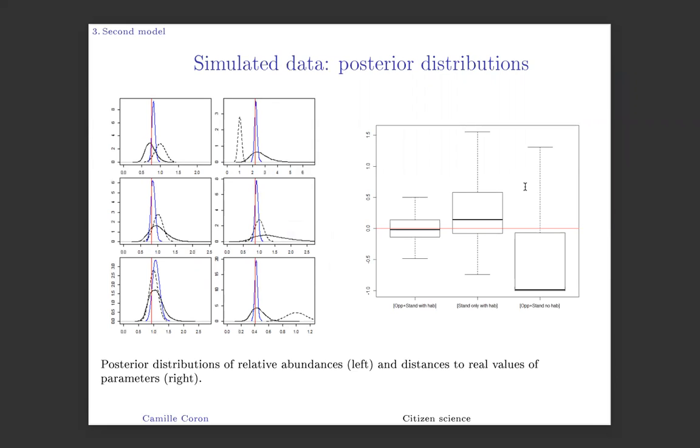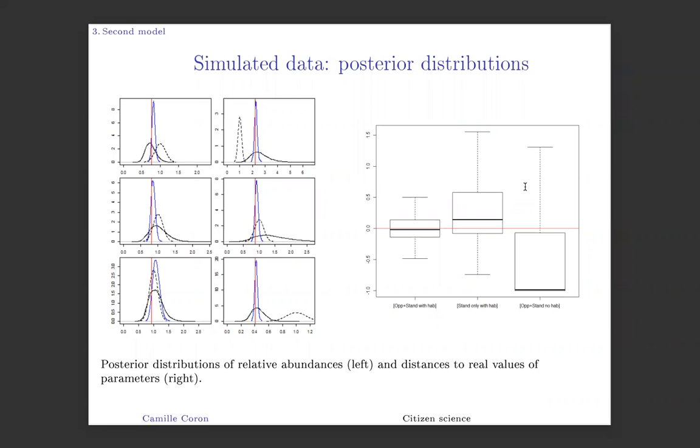Here we test our estimation by using simulated data. So I fix the number of species like in my real data set, and then I fix all the parameters, and I simulate some data sets, and I want to recover the real parameters using the simulated data set.